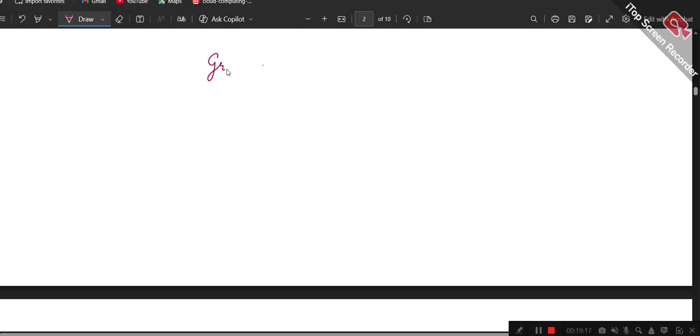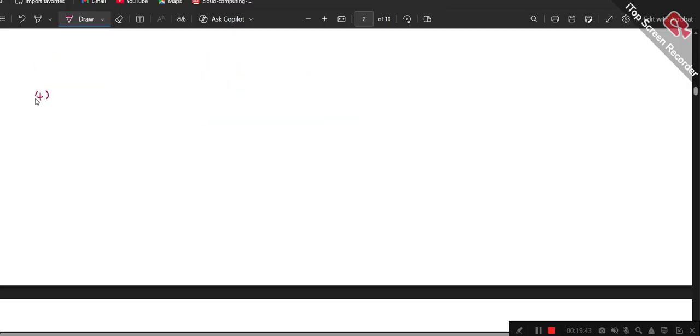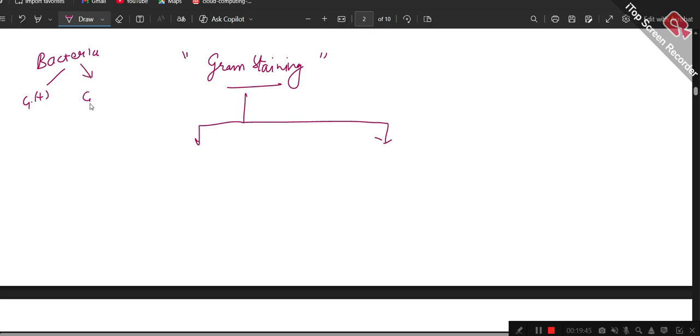This is about gram staining. Gram staining is a staining procedure which helps us differentiate between two different kinds of bacteria, to be precise: gram positive and gram negative bacteria.